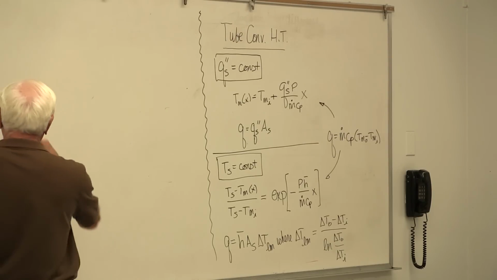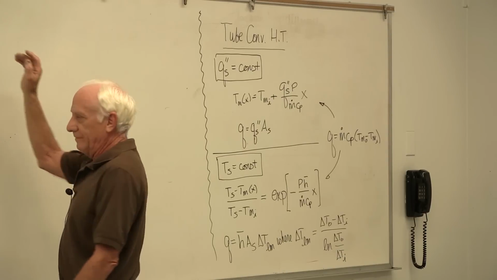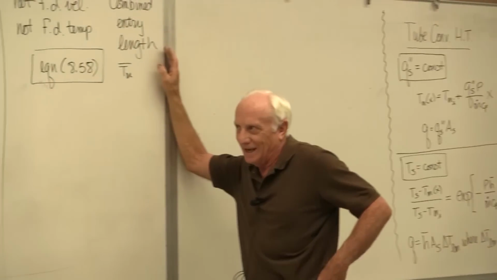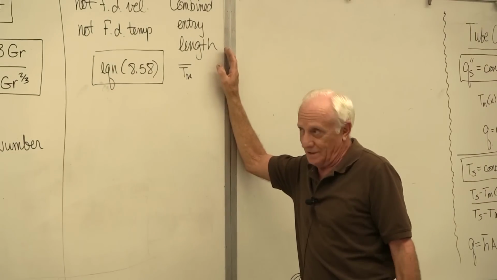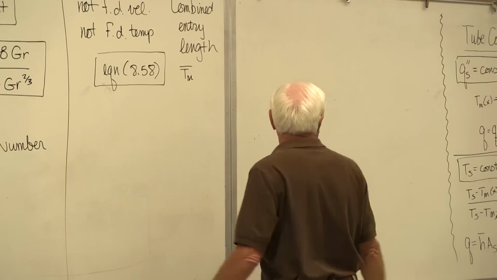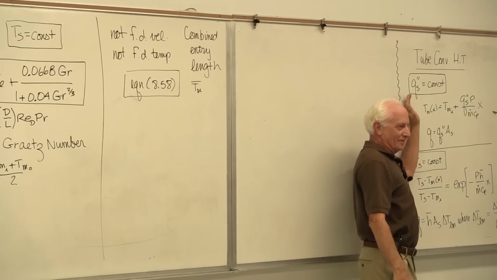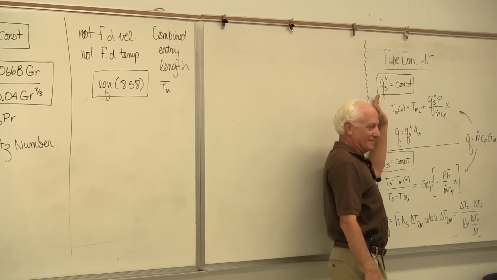Everything to the left of my hand is for laminar flow only. Everything to the right of my arm is for laminar flow or turbulent flow, either one.